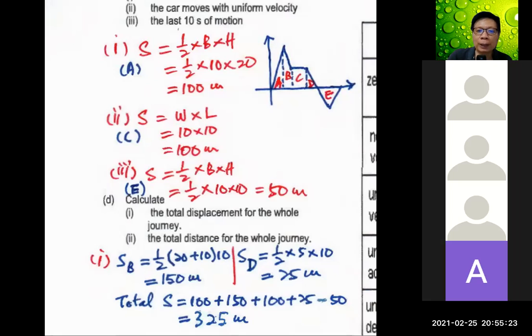Only for a displacement-time graph, Bernard. But this question is not a displacement-time graph. It's a velocity-time graph. Understand? If displacement-time graph, you go back to 0, it means displacement is 0 already. Go back to the starting point.